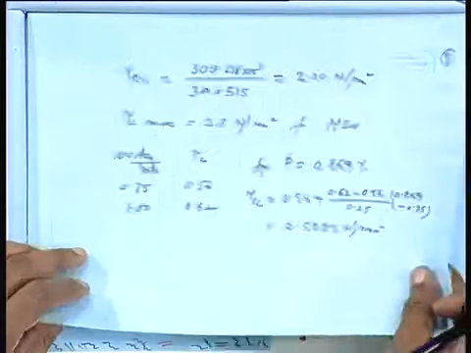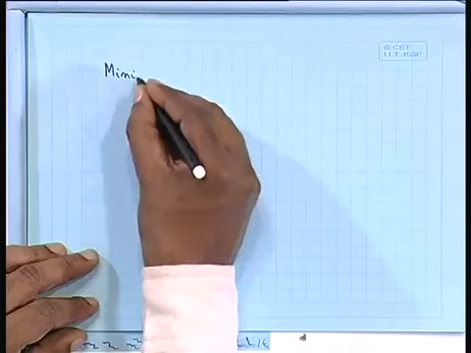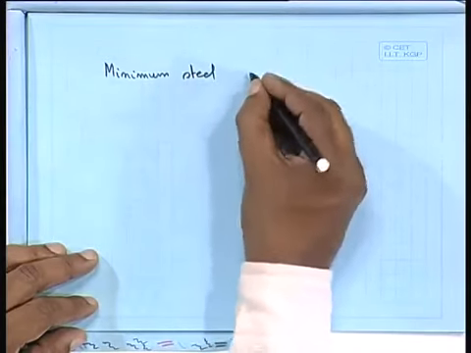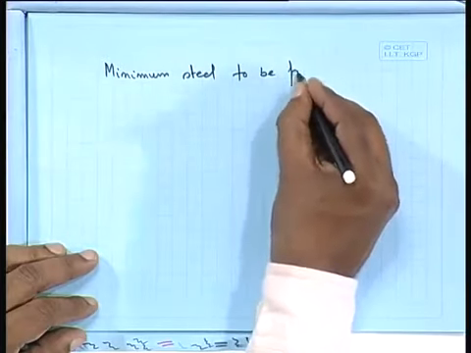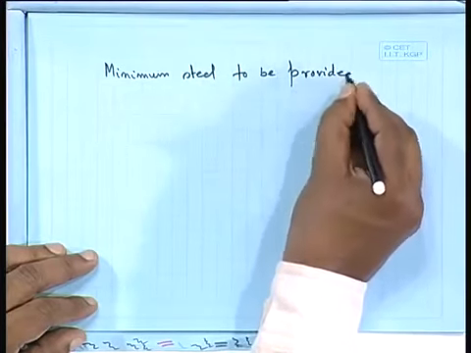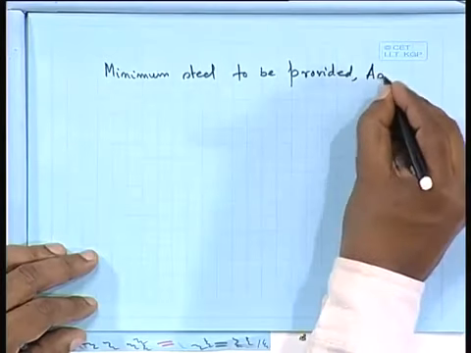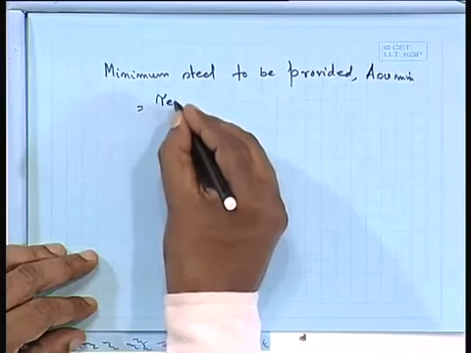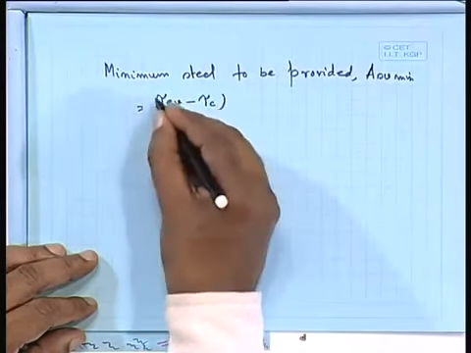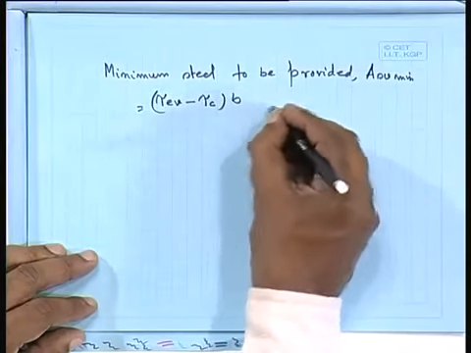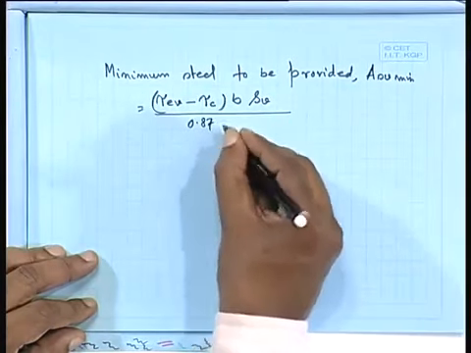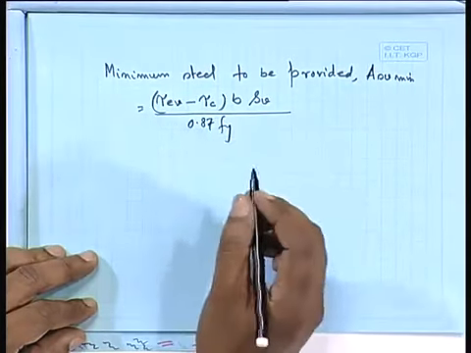Our code says that minimum steel is to be provided. Let us check the minimum steel. Let us say ASV minimum, the shear reinforcement, equal to tau EV minus tau C times B times SV divided by 0.87 Fy.